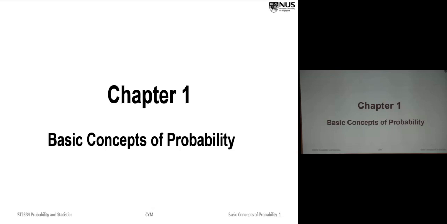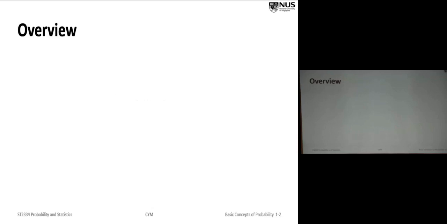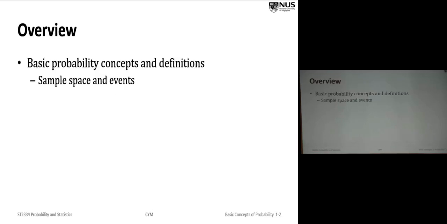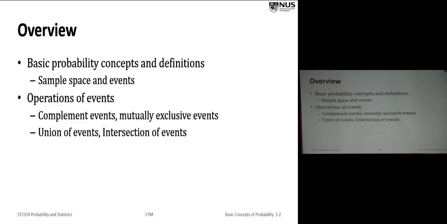Chapter 1, basic concepts of probability. So this is the overview. We have basic probability concepts and definitions, sample space, events. Operations of events, which is similar to set theory, those operations with sets: union, intersection.